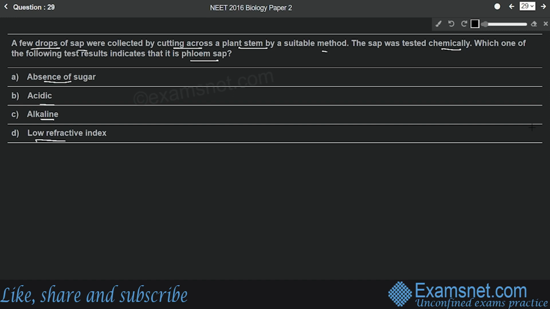Okay, so we know that normally various types of pressures exist inside the plant, for example root pressure, then we have phloem pressure, then there are some local pressures, etc. And these pressures maintain the normal functioning of the plant, right?